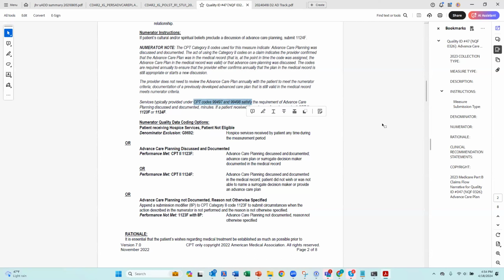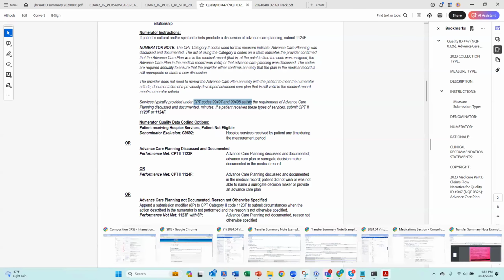Here? And then, yeah, see how it says 99497 and 99498 satisfy the advance care planning? Yep. So those are the CPT codes that we should really be looking for, and not this other stuff. I didn't really understand what it meant anyway, so let's fix that.